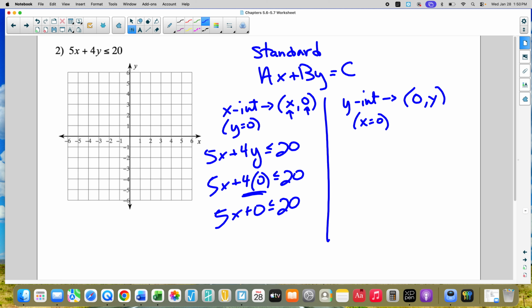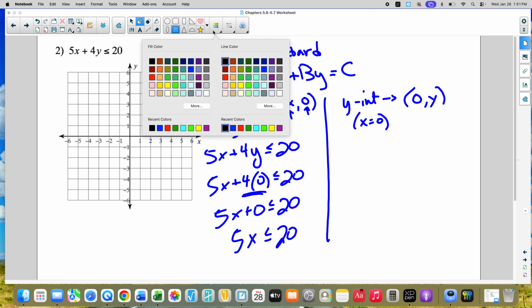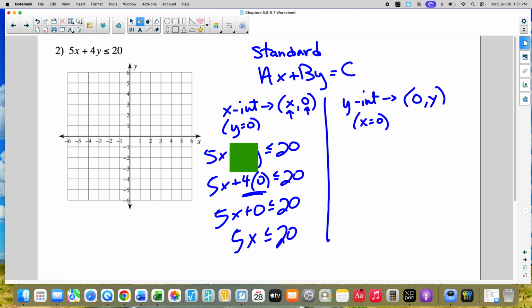So 5x plus 0 is 5x. This is why I call it the cover-up method, because you'll notice that it goes away. If I want to find the x-intercept, plugging in 0 for y just leaves me with 5x is less than or equal to 20.